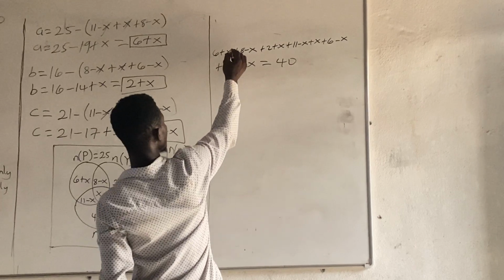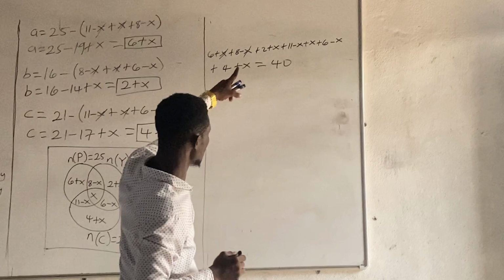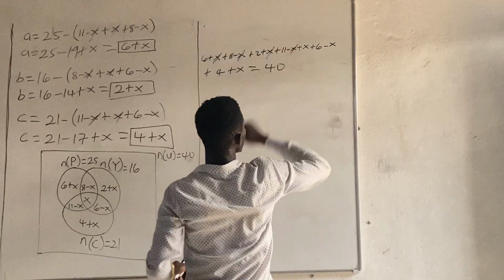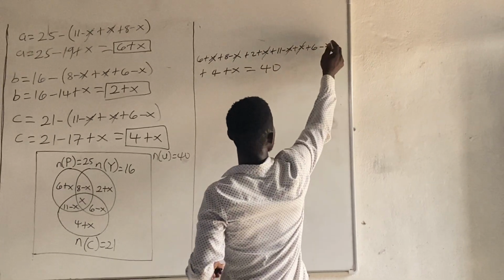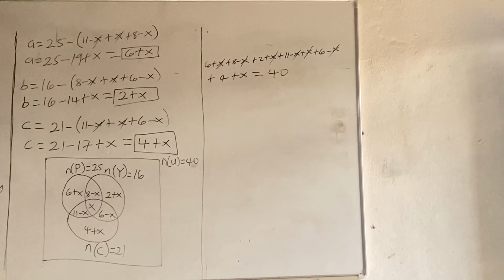Now you look here, each positive x will cancel its corresponding negative x. So this positive x will cancel the negative x, this positive x will cancel the negative x. So you are left with only one x. And then you add all the numbers.